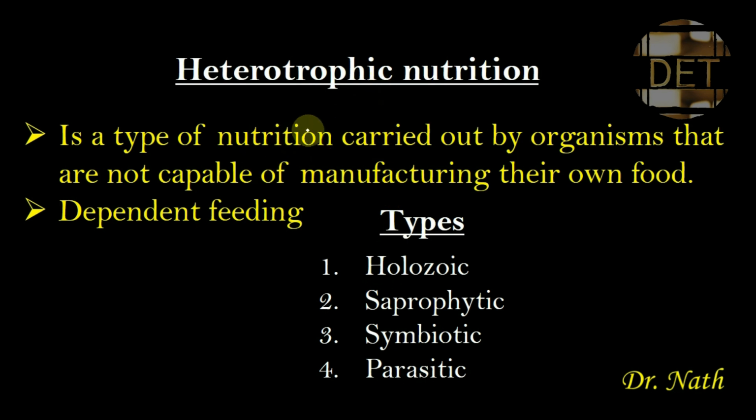So what is heterotrophic nutrition? Heterotrophic nutrition is a type of nutrition carried out by organisms that are not capable of manufacturing their own food. The hallmark of the heterotrophic nutrition is that they cannot manufacture their own food, and that is why this type of nutrition is referred to as dependent feeding.